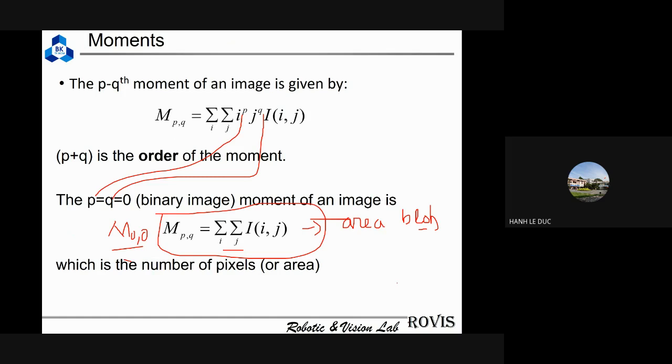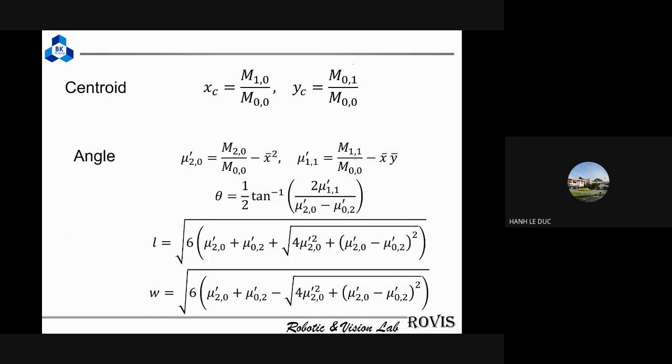Okay, so the equation to calculate the centroid of the blob is followed by this equation. The x and the y are calculated by M10 divided by M00, as this one.